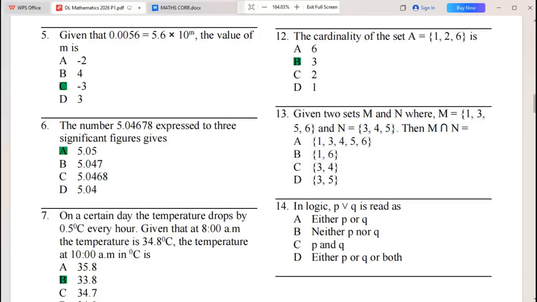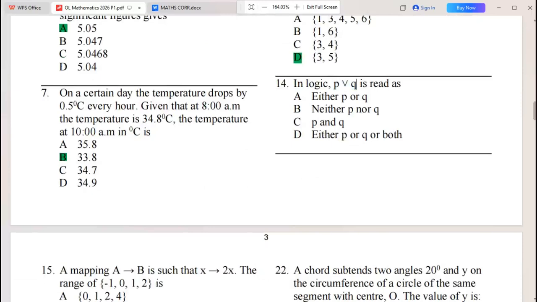And finally, we have 5 in M and we have 5 in N, which is part of the intersection. We have 6 in M, no 6 in N, so it's not part. We have 4 in N, no 4 in M, so it's not part. So the intersection of M and N is equal to {3, 5}, which is D for question 13.